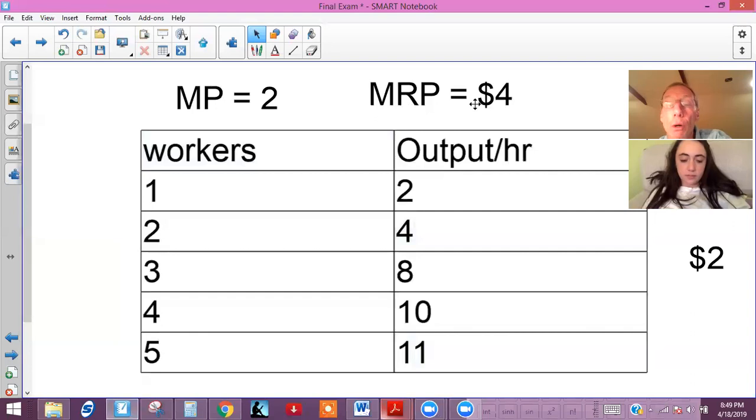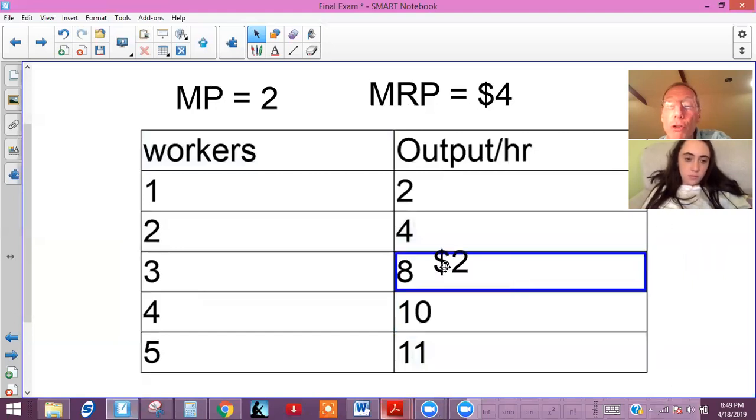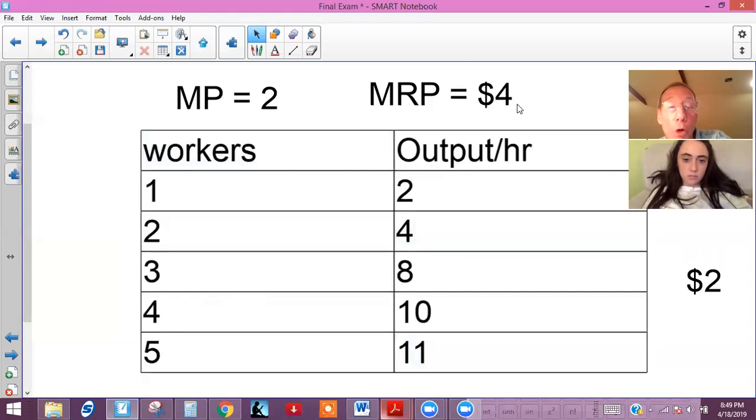So if the fourth worker has a marginal product of 2, and 2 widgets sell for $2 each, then that fourth worker has a marginal revenue product of $4. And if you're paying that worker $4 an hour, then you would hire him, right? The wage is set at $4 an hour. Would you hire the fifth worker?